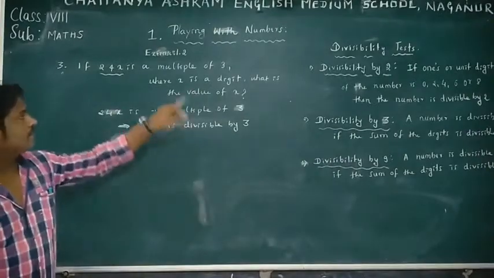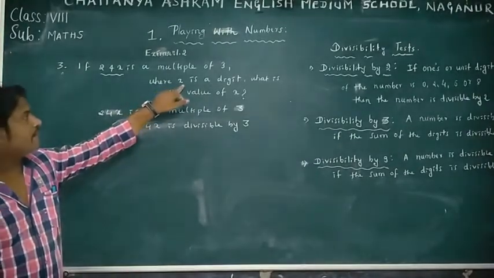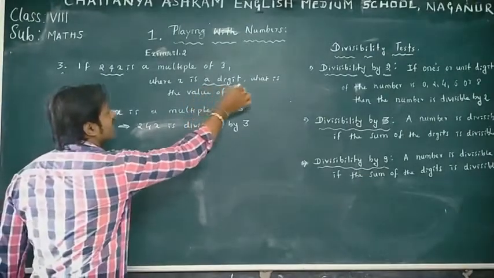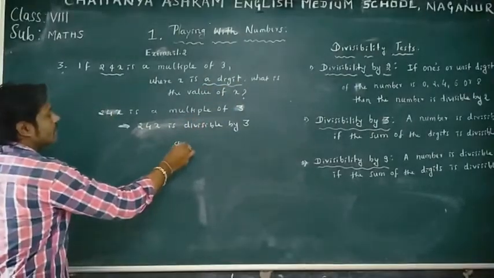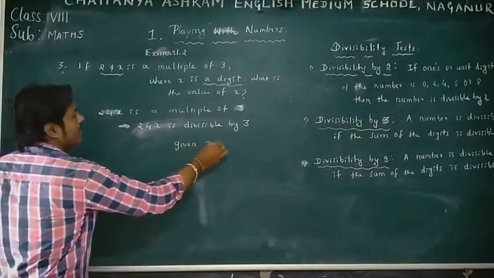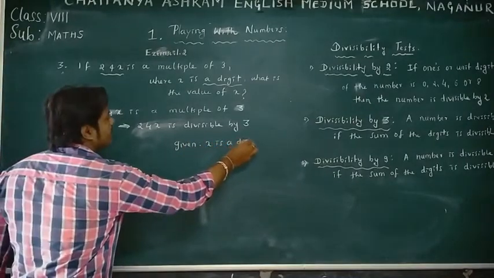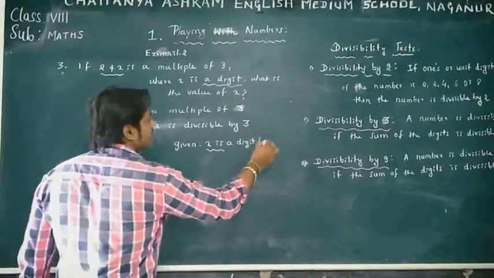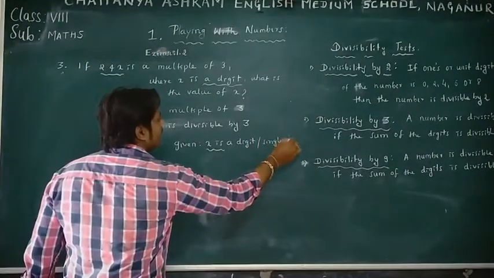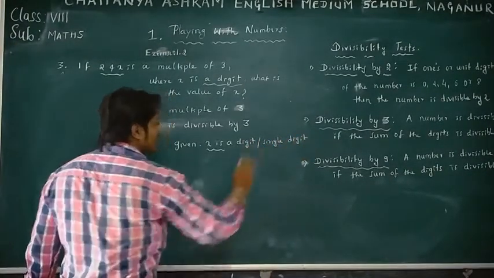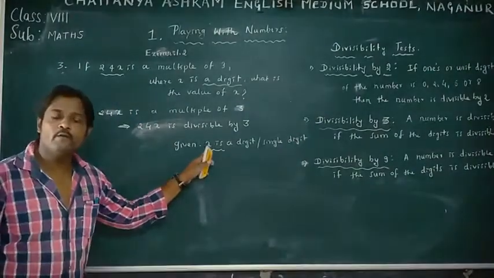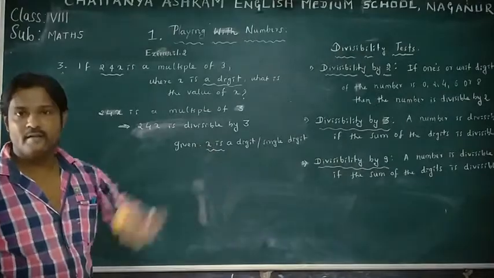Here they given that x is a digit, means it is a single digit. Single digit means what are the possible values of x in a single digit?